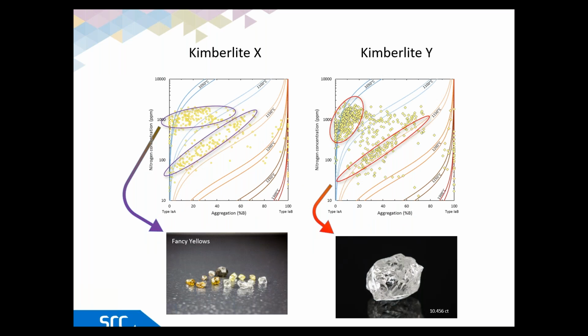So just as a possible example, maybe kimberlite X has a population of fancy yellow diamonds, and maybe these come from this top cluster of diamonds in kimberlite X. Maybe kimberlite Y has a population of much larger diamonds, and maybe these are from that deeper depth, that 1150 degrees centigrade. So we can use this information going forward as possibly kimberlite Y, maybe your value, your cost per carat of diamonds is much higher, and this is the kimberlite that you're going to target and prioritize first.